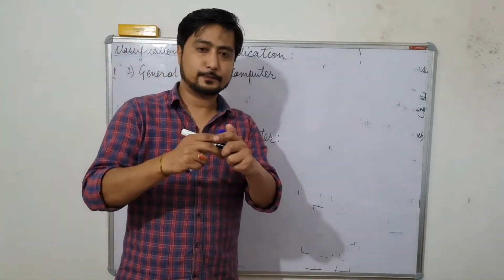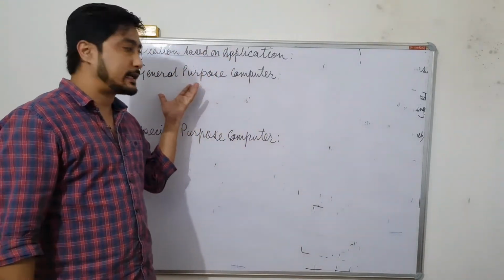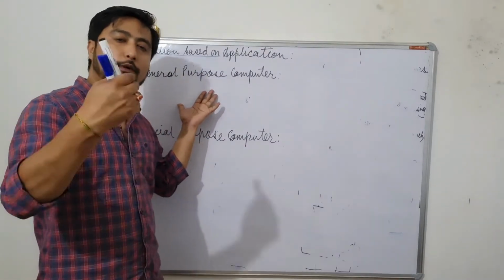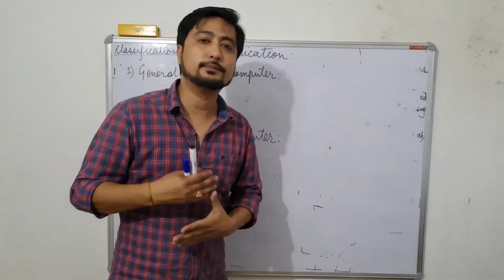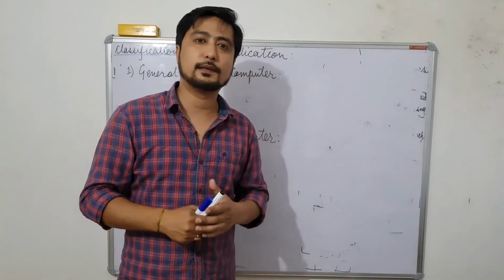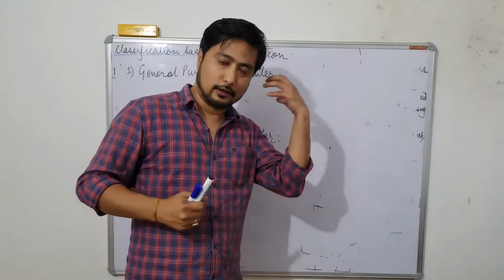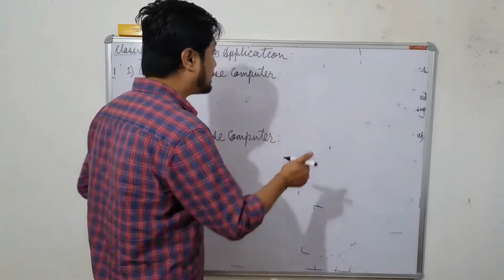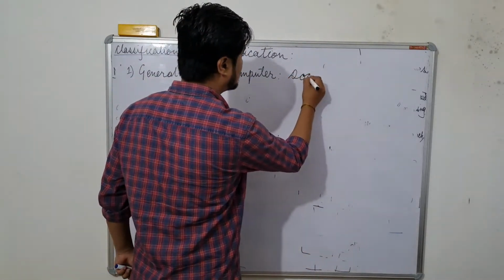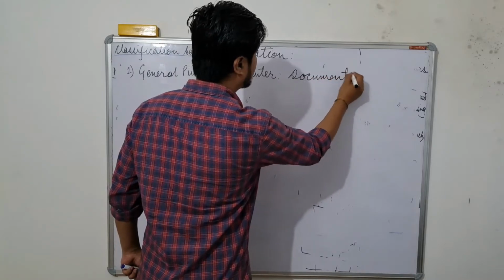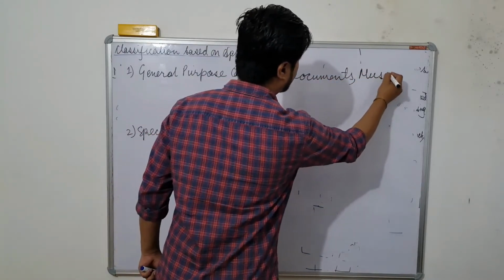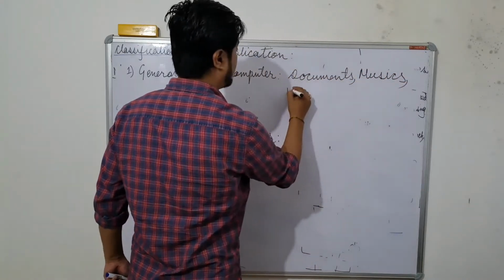From the word itself, the general purpose computer is the computer which is used for general purposes. General purposes means typing a document, typing a letter, listening music, watching videos.